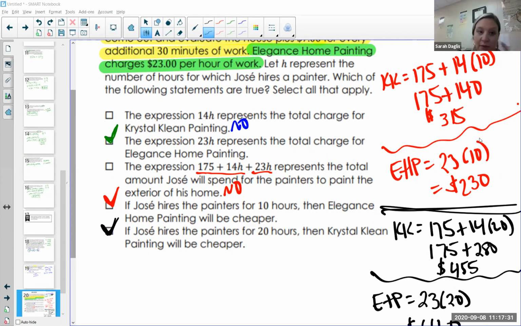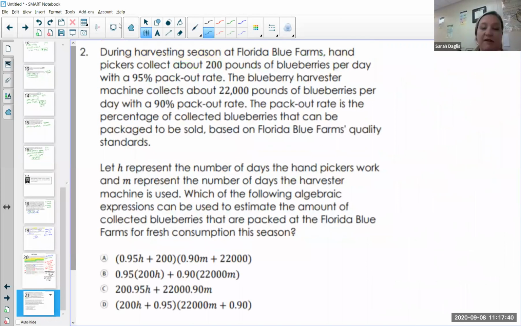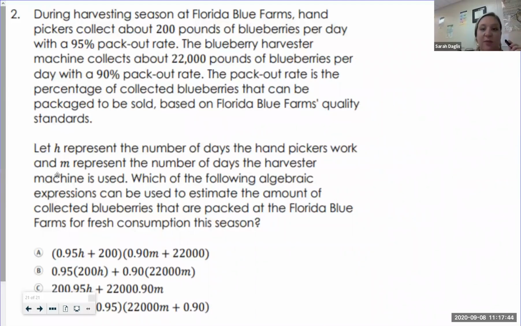Okay, we have one more problem. During harvesting season at Florida Blue Farms, hand pickers collect about 200 pounds of blueberries per day with a 95% pack out rate. The blueberry harvester machine collects about 22,000 pounds of blueberries per day with a 90% pack out rate.